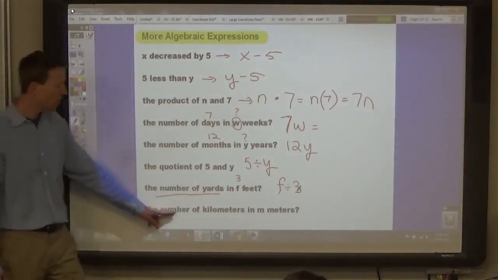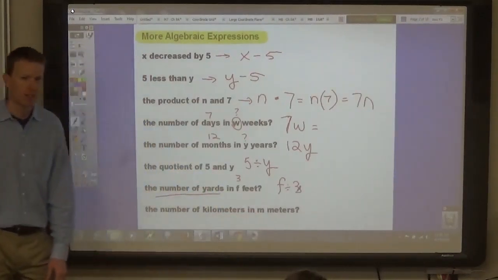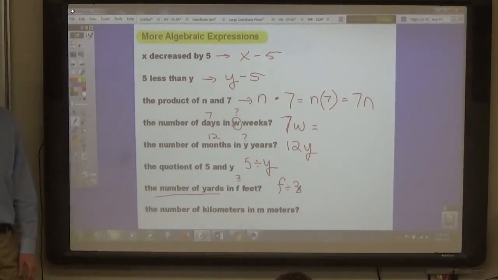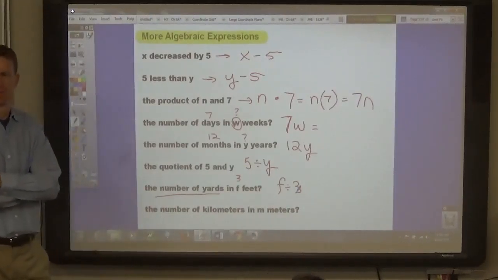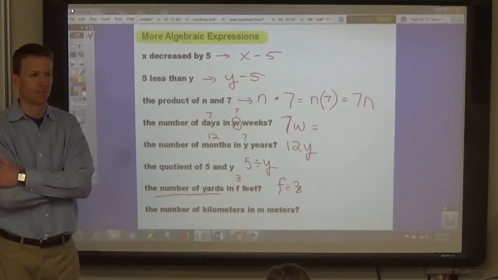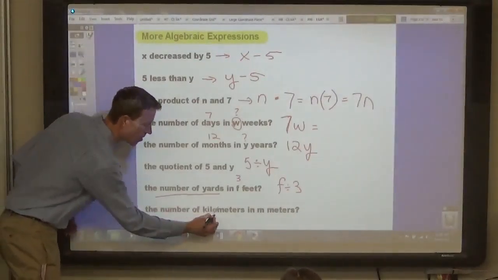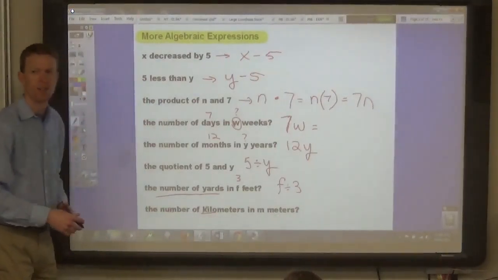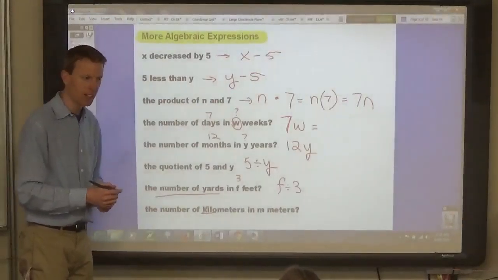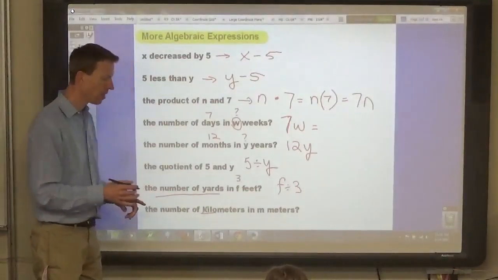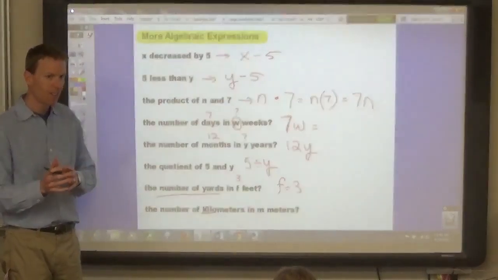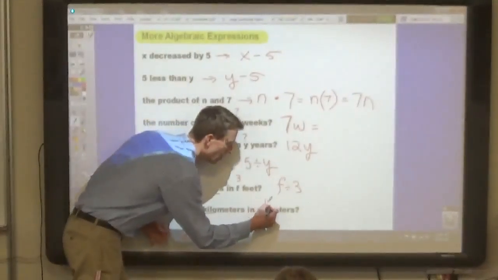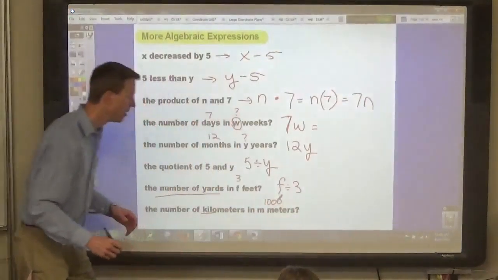Let's apply this to kilometers and meters. How many meters are there in a kilometer? Kilo means, cool, 1,000. So let's apply that. 1,000 meters in 1 kilometer.